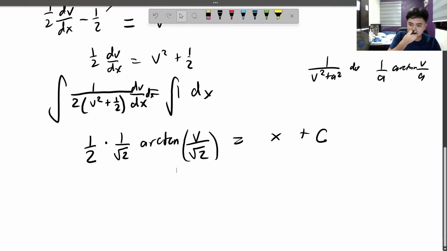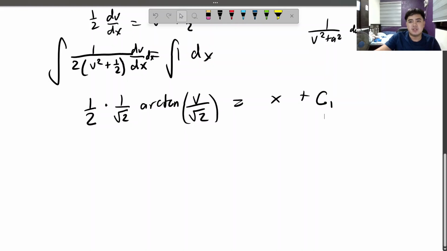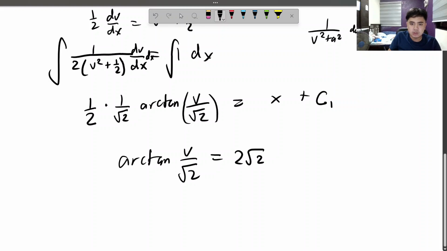So now what we have to do is to multiply everything to the other side. This is constant 1. Let's just label it as C1. And then arctan of v over square root of 2 is 2 square root of 2 times x plus c2. Constant times 2 times root 2 is just another constant. And then from here, we know that this is arctan, so we can take the tangent of both sides.